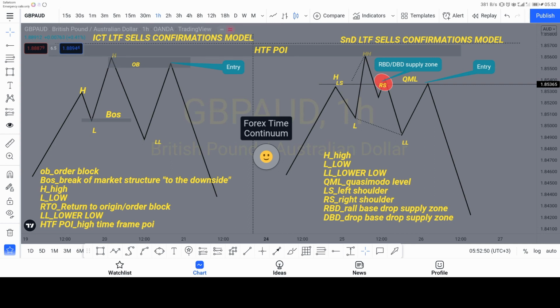Price is fractal, so for M15 to break the structure, it starts with M1 and M5. So monitor your lower time frame when in profit, so that you can see when the market is changing character or direction.